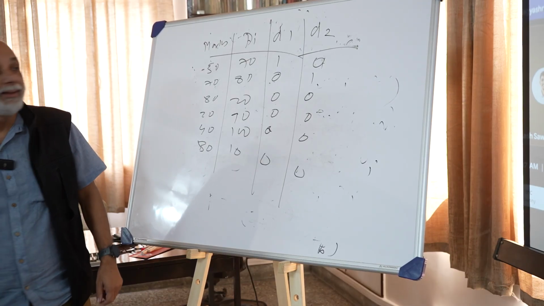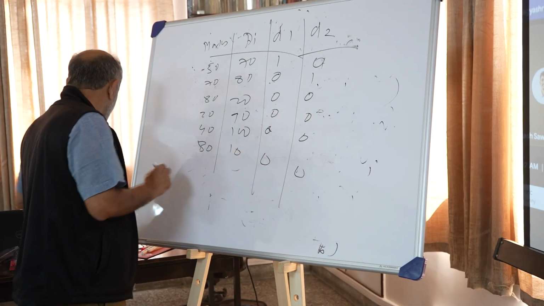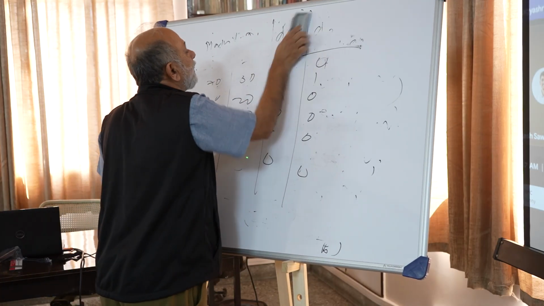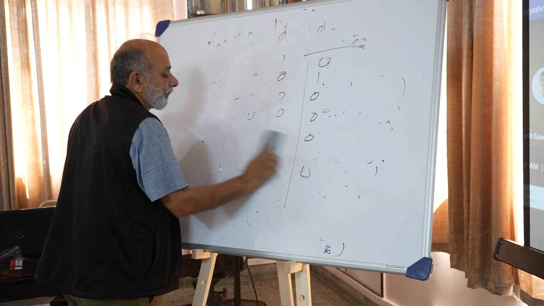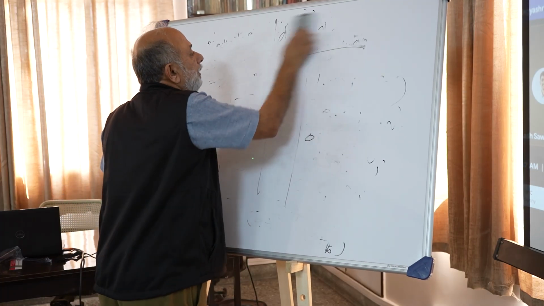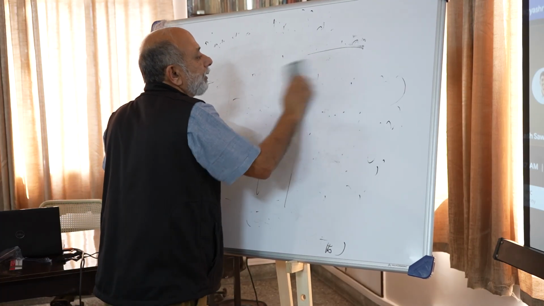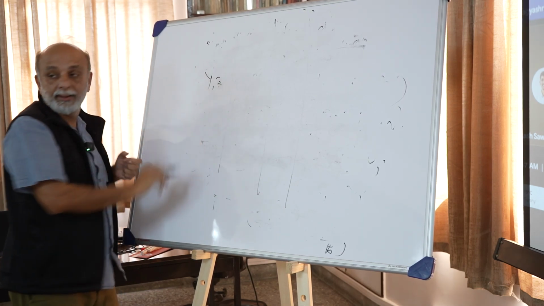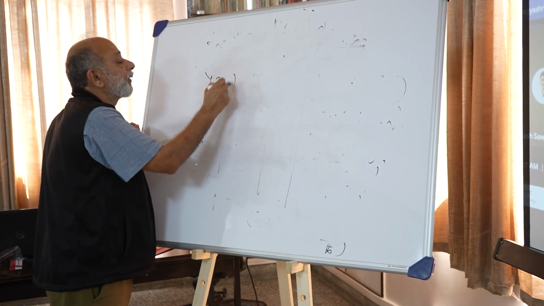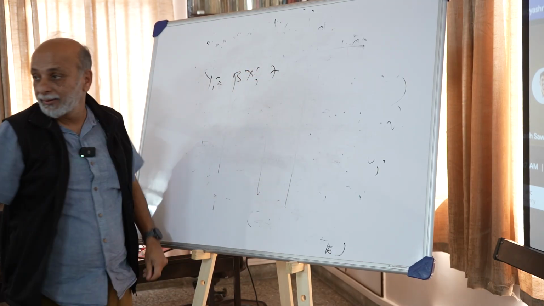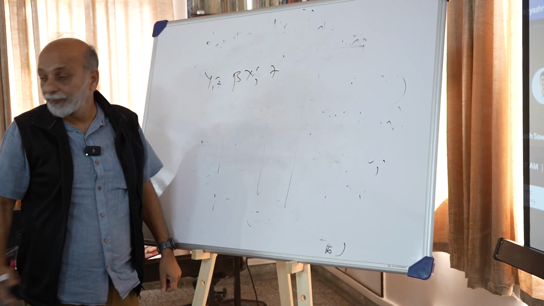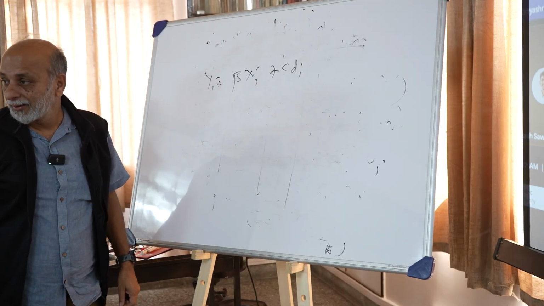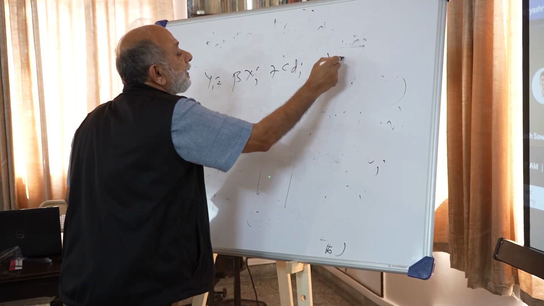And then the regression model that I do is like this: Yi is equal to beta xi, there is no constant now, plus c di plus ei.